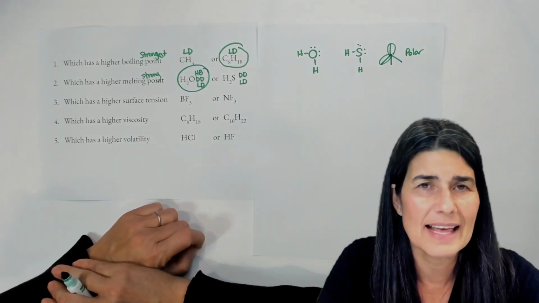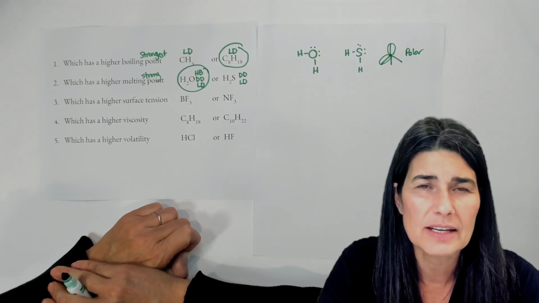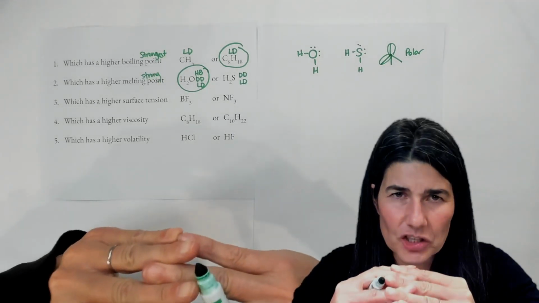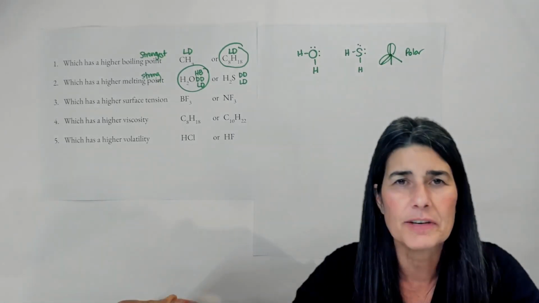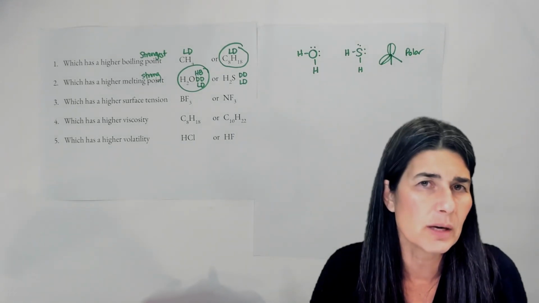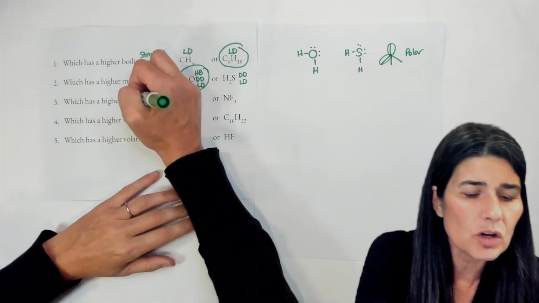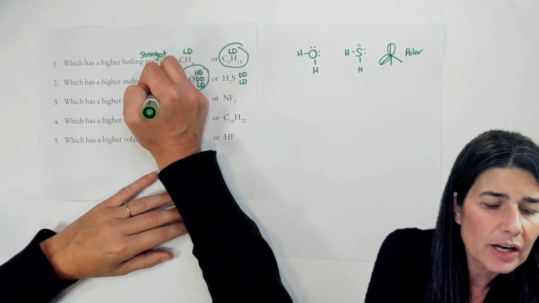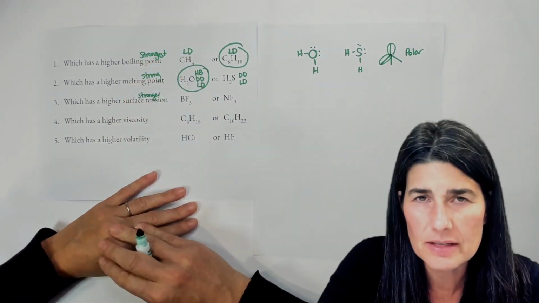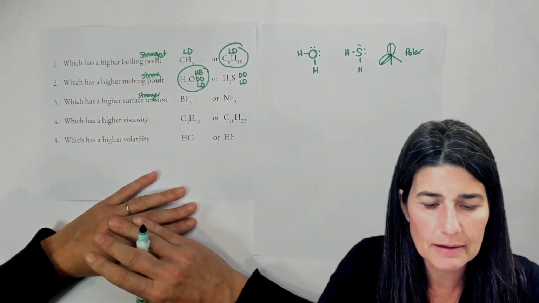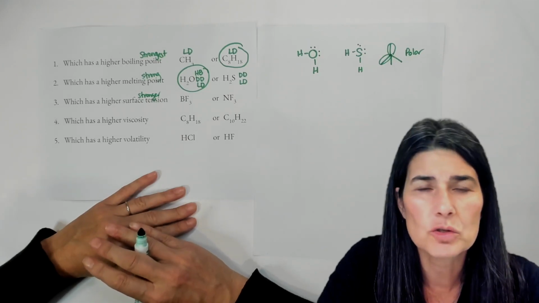Which one has the higher surface tension? If you have a lot of surface tension, you're going to be knit and held together very tightly on the surface of your liquid. So you're looking for the stronger of the intermolecular forces. Now we need to identify it. To identify it, we need to draw them.